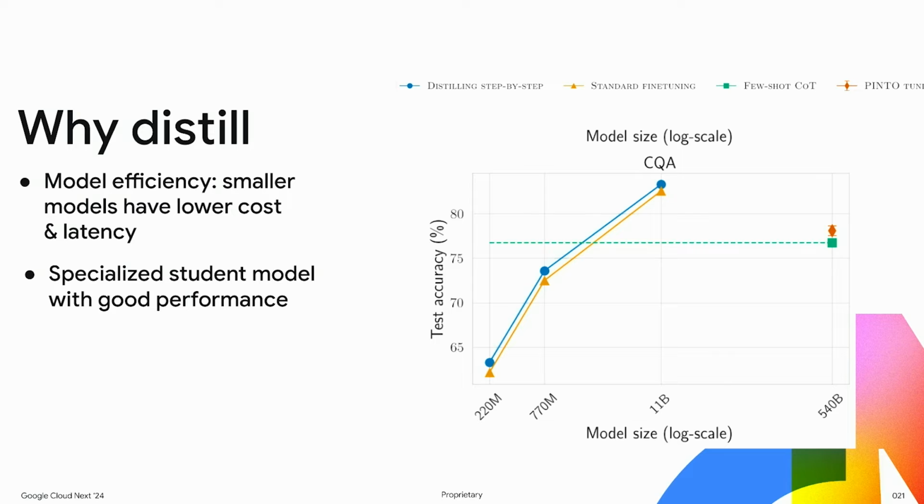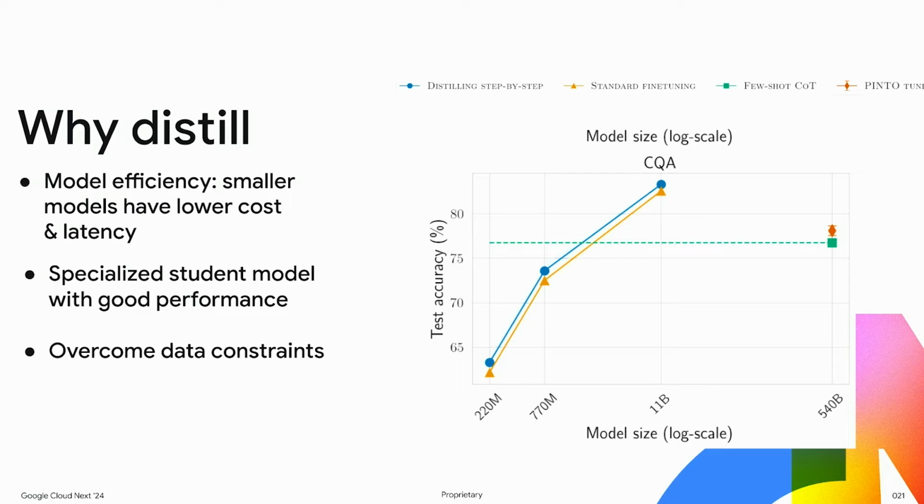The way to read it is that the x-axis is the model size, and the y-axis is the accuracy. And as you can see, a model with 540 billion parameters can achieve an accuracy of around 77% out of the box. But through distillation, you can achieve the same level of accuracy with a model of just 2 billion parameters.